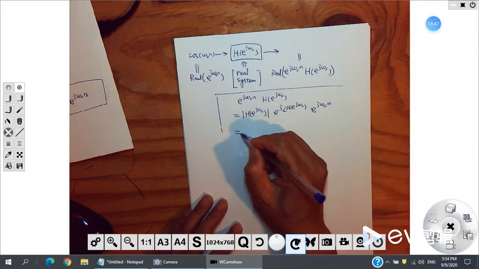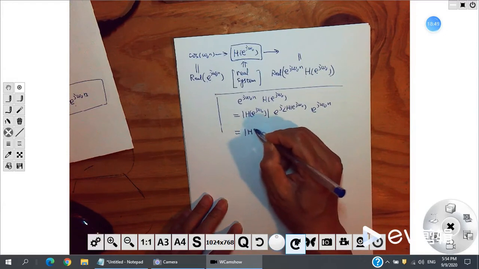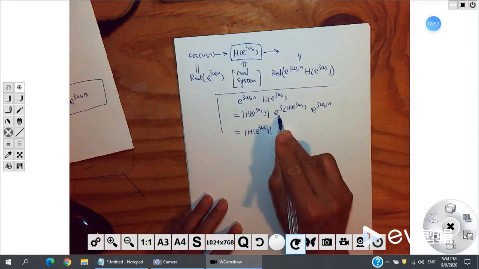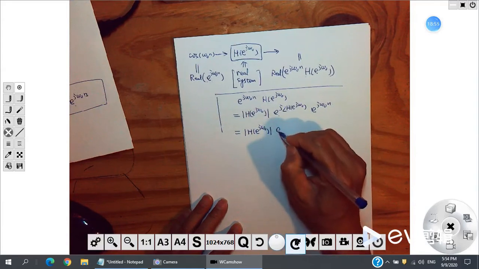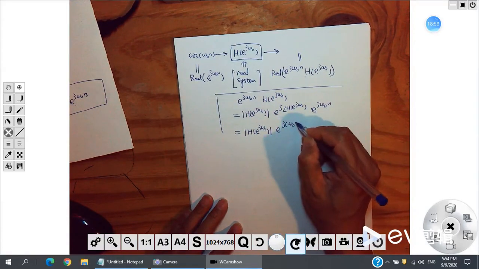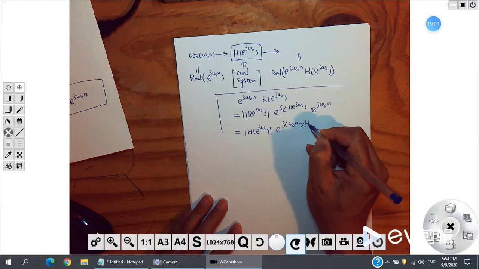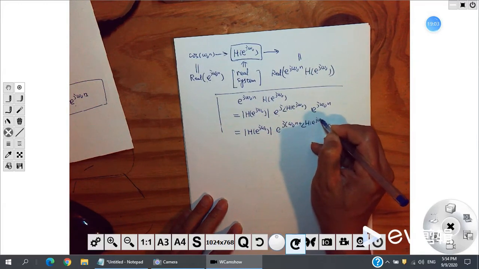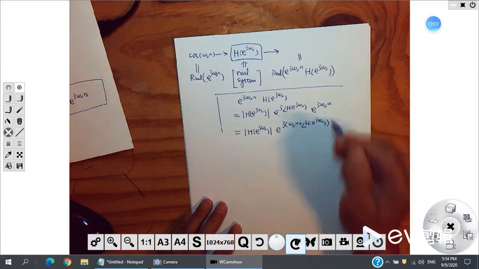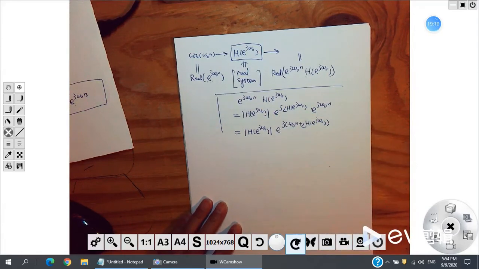I keep this magnitude, and these two I multiply together. It is e to the j of omega 0 n plus the angle of H. Make sense? Are you familiar with this part for complex numbers?